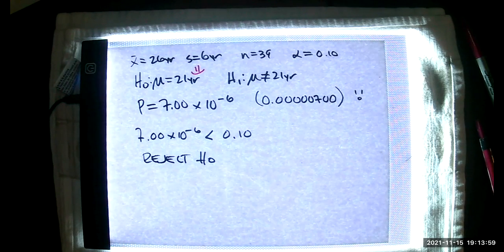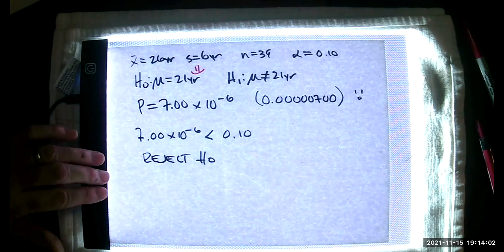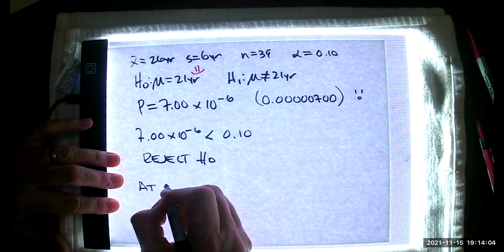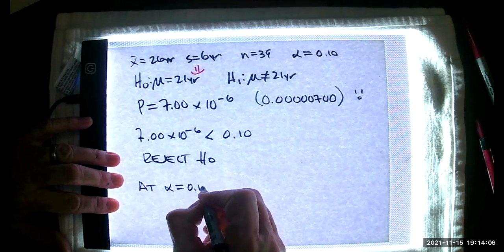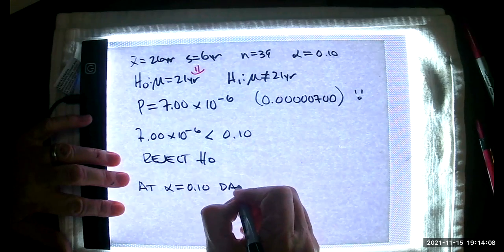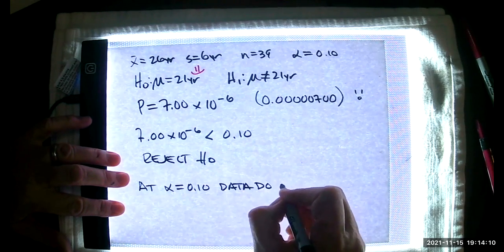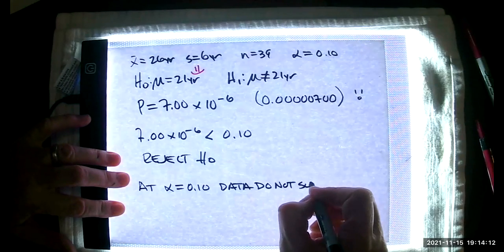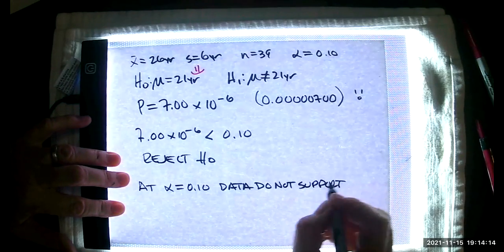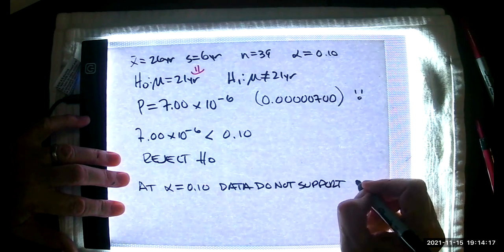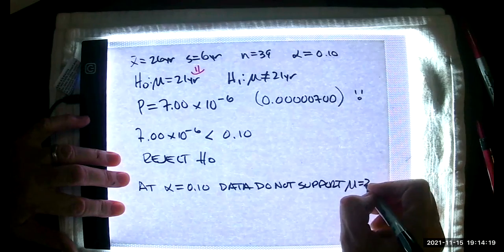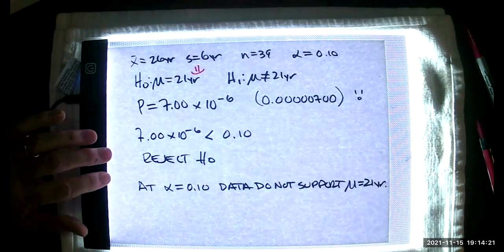Then the last thing to do is to address the initial claim. So at alpha equals 0.10, data do not support mu equals 21 years old.